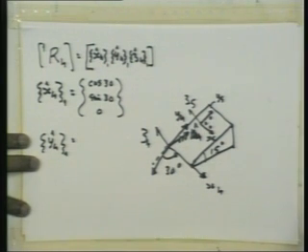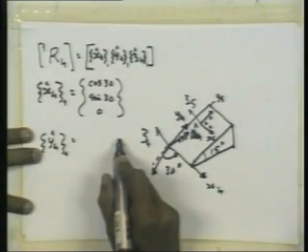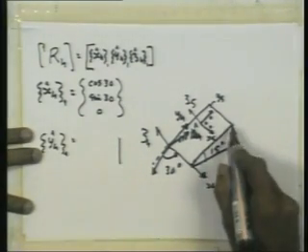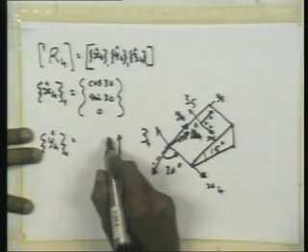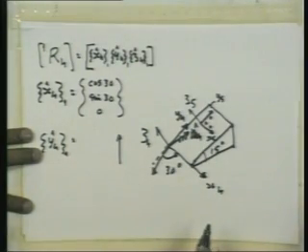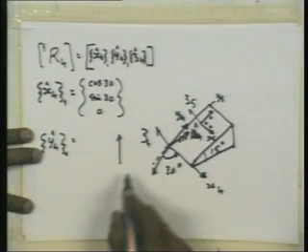The z coordinate is sine 15, right? Remember, the z axis is along this, fine. The z1 axis is along that.